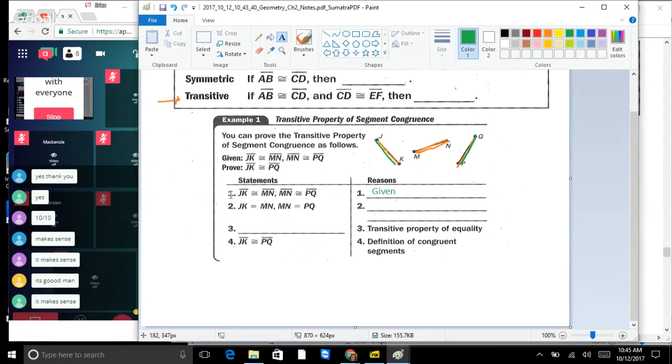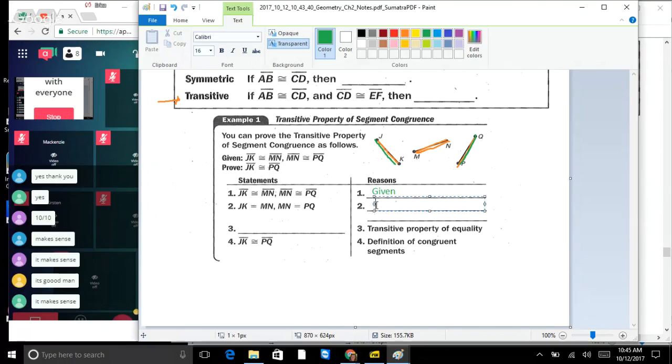Why are we able to say that if two line segments are congruent, they're also equal to each other? We're able to say that because of the definition of congruent segments.